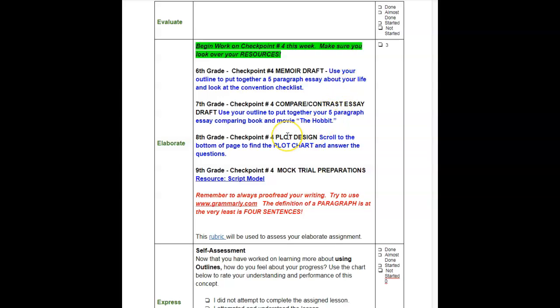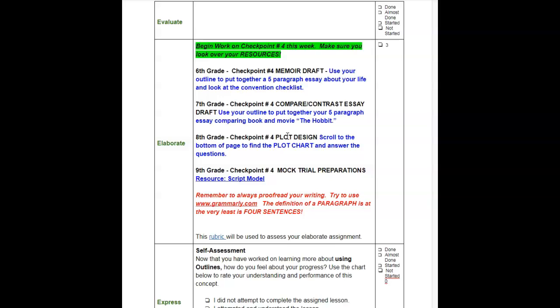In 7th grade, checkpoint number 4, you are writing a compare and contrast essay with The Hobbit. So if you are up to speed, you used an outline last week, you're going to take everything out of that outline and put it together in another 5-paragraph essay comparing the book and the movie. It's great if you have access to the movie.